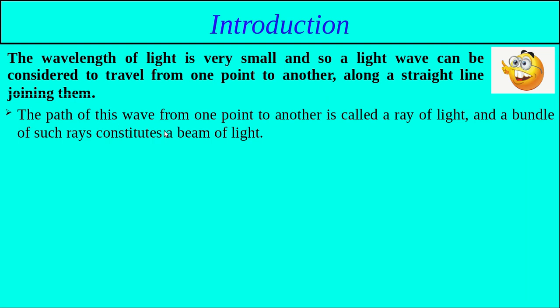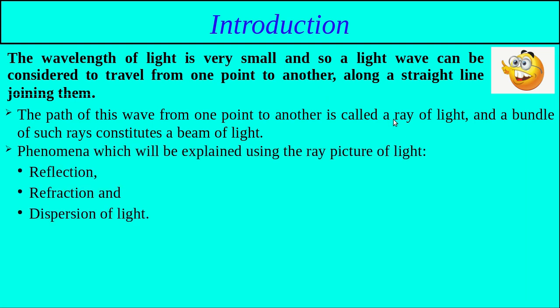The path of this wave from one point to another is called a ray of light, and a bundle of such rays constitutes a beam of light. The study of these rays of light is what constitutes ray optics.